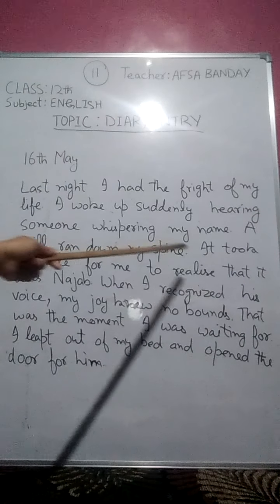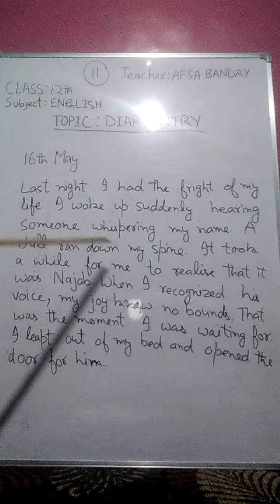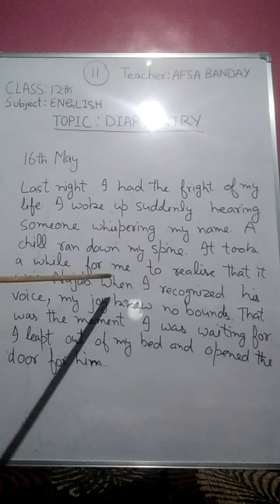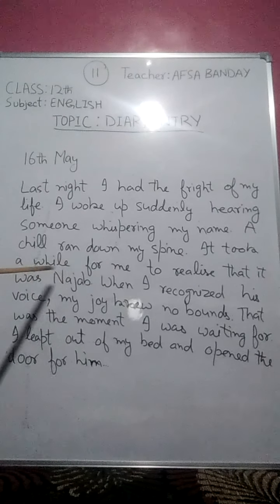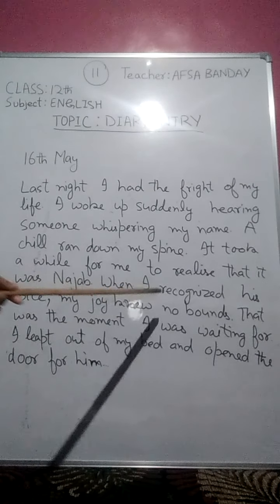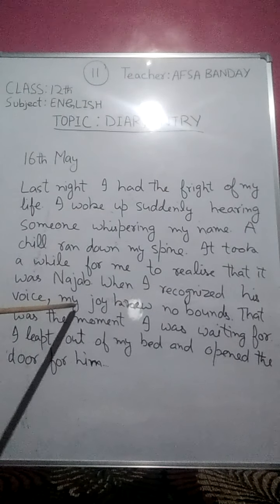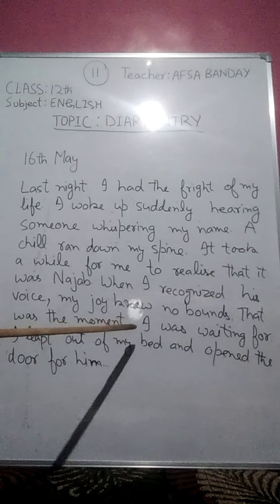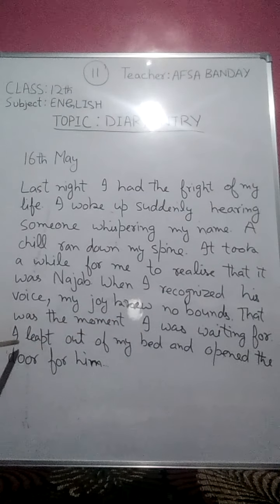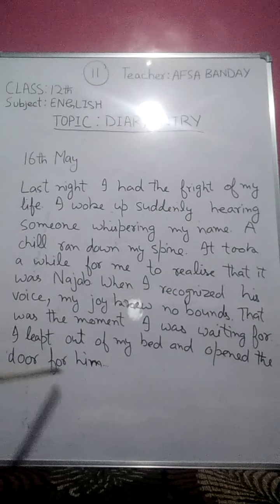And then she writes about her opinion and her feelings, like a chill ran down my spine. And then again she writes about her feelings, and then the event, what happened when she recognized his voice, then about her feelings, and then again about her feelings, and then what she did in the last, that she came out of her bed and quickly opened the door for him.